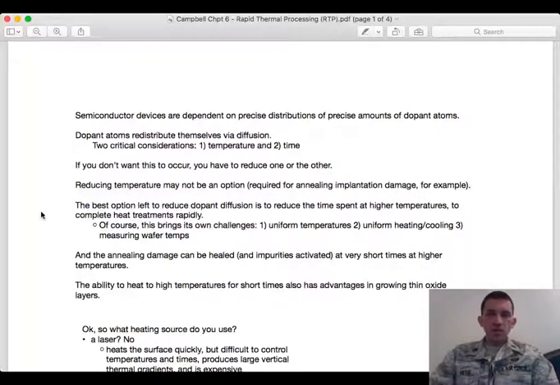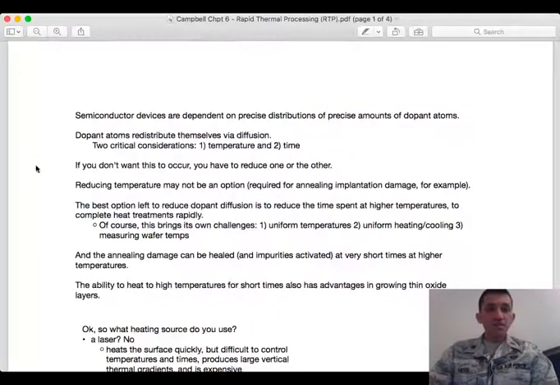Right, we're going to dope, say, one region N-type, where we're going to add a group 5 dopant, and that's going to be immediately next to a region that is P-type, where we're going to add a group 3 dopant, which is an electron acceptor, right?